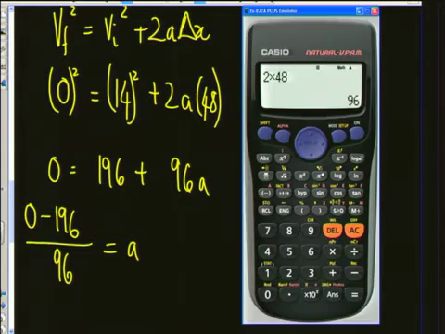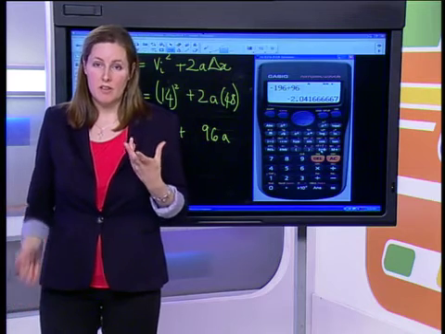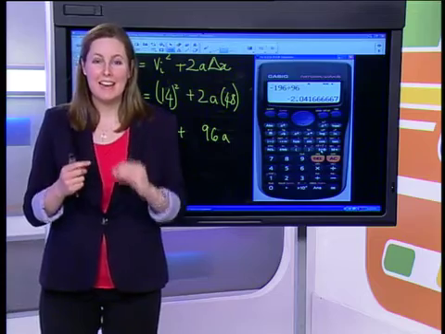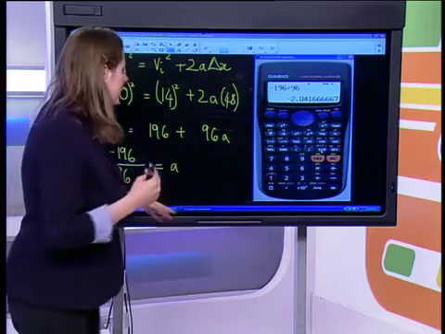Now, going to my calculator, negative 196 divided by 96 equals, and we get a big long number. But the key point to note is that it's negative. I predicted at the start that my answer would be negative, and it is.